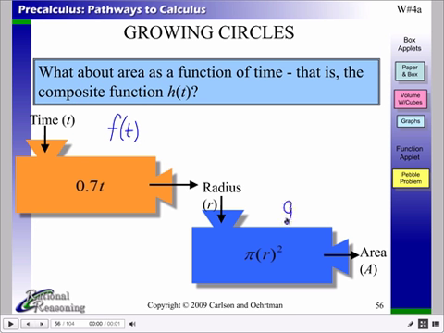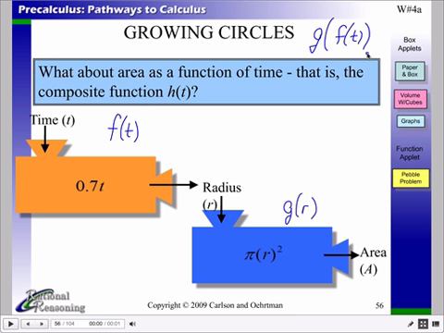And then G. So this is the idea. Time can go into F, and F spits out radius. Radius can go into G, and it spits out area. So again, is that F of G or G of F? G of F, because that means F comes first.